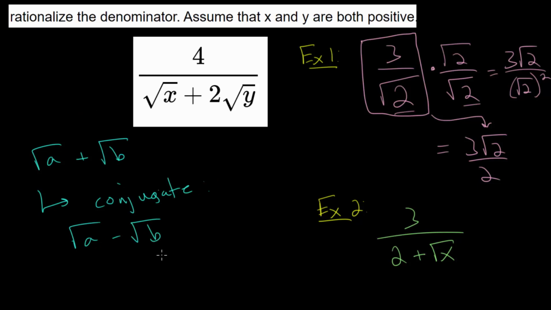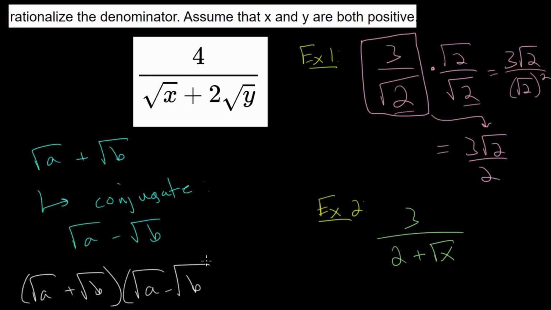And the advantage of the conjugate is that if we take our original expression and we multiply it by the conjugate, we will end up with a difference of 2 squares, which you might remember from algebra. But basically, when we multiply this out, when we carry out this distribution here, the middle terms will cancel out. We get root a times root a, which is just a, square root and square cancel.